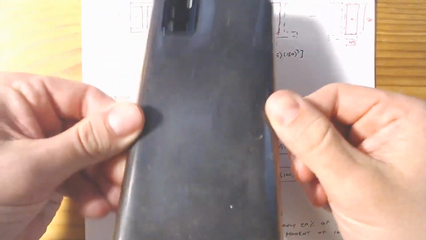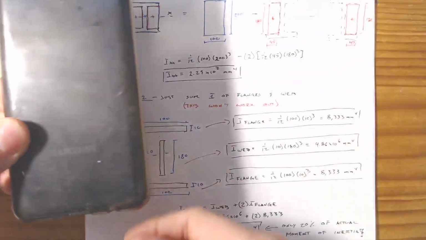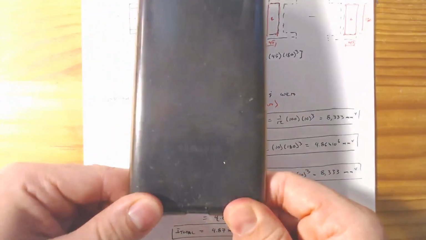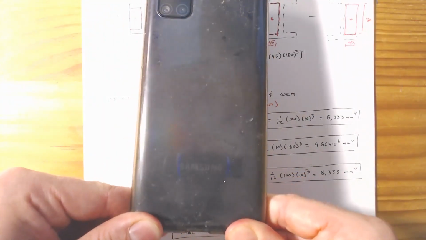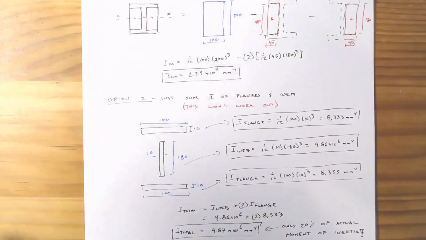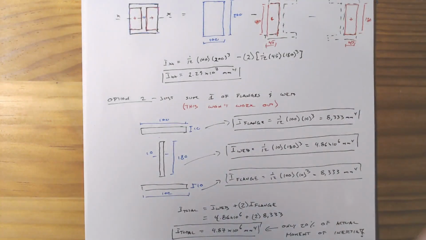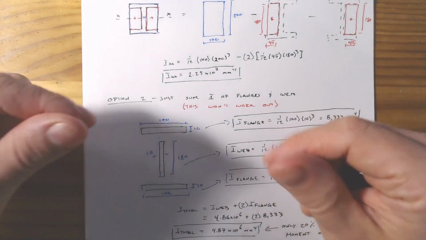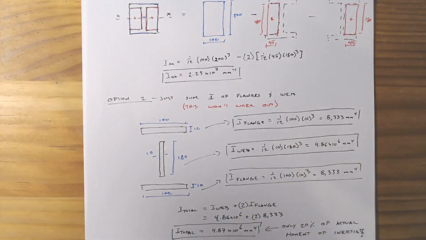A phone's just going to spin like that. But if we rotate it about a different axis, it's a bit harder to spin. I just grabbed a phone here because most folks have a phone in their pocket. If you spin right at the center of the phone, it's kind of easy. And if you hold at the end of the phone, it's a lot harder.